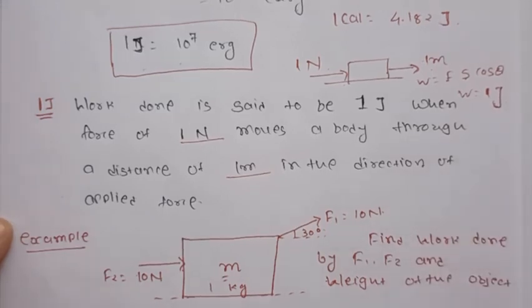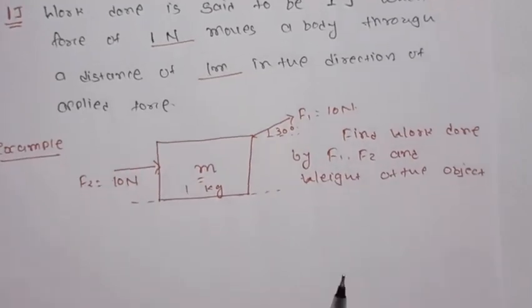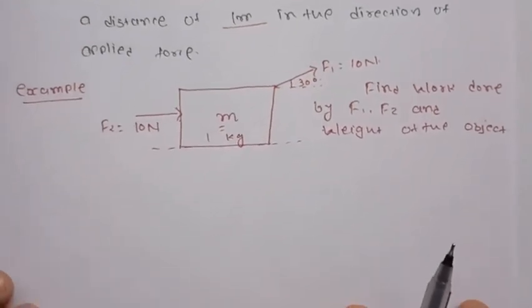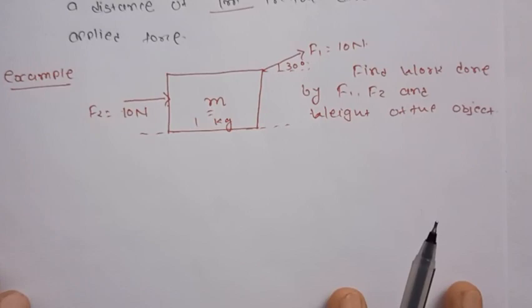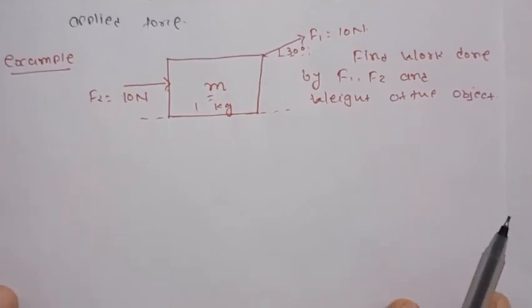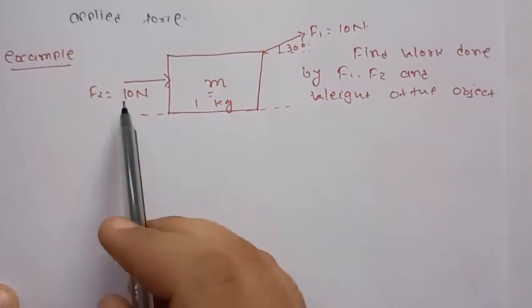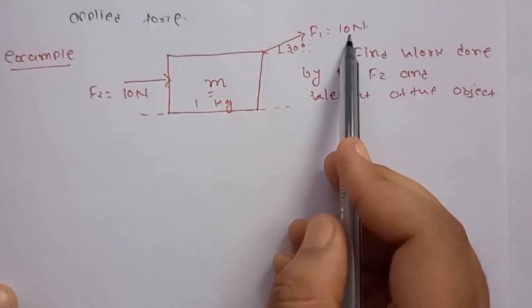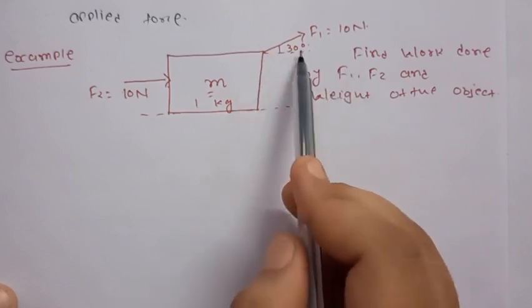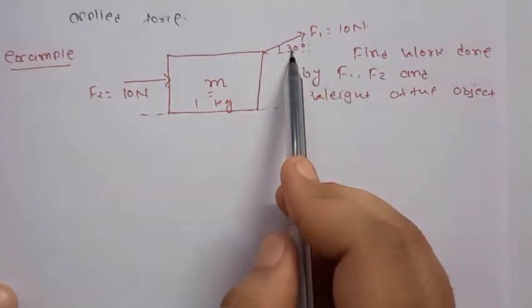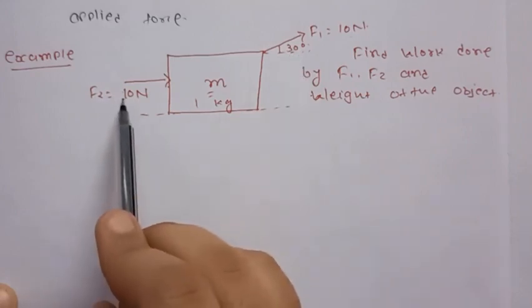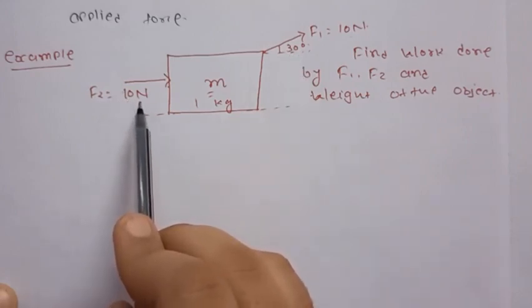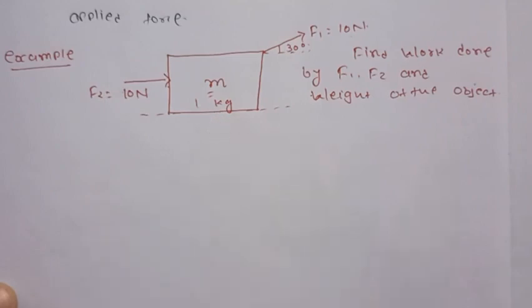Now let us see how we can calculate the work done by different forces on the object. Here one object of mass 1 kg is given. The forces acting on it are, first is F1 of magnitude 10 Newton. It is acting at an angle of 30 degree with horizontal. Another is F2 equal to 10 Newton, and the mass of the object is 1 kg.